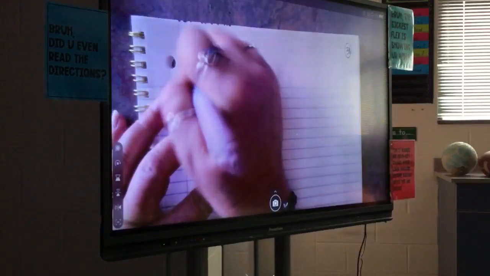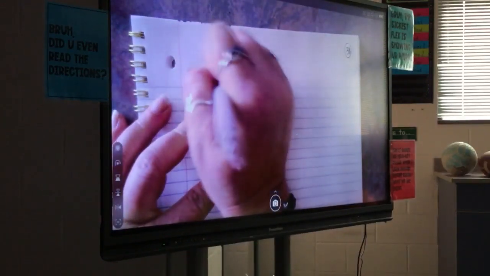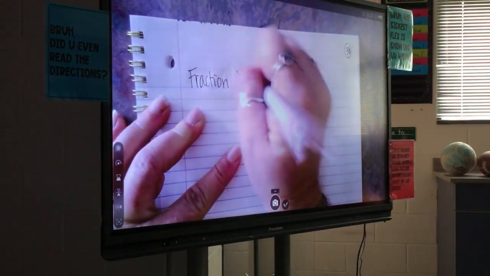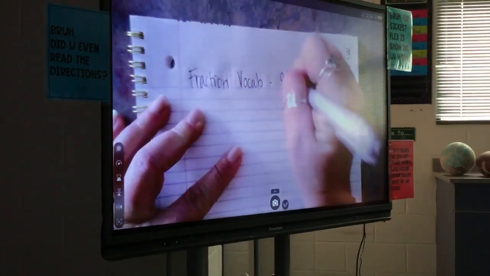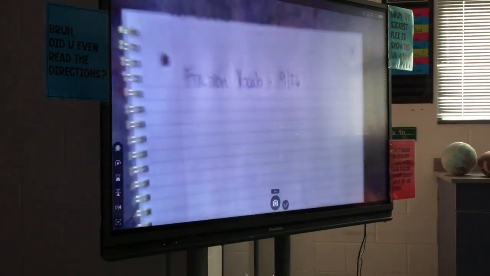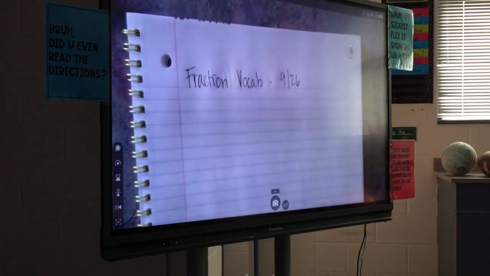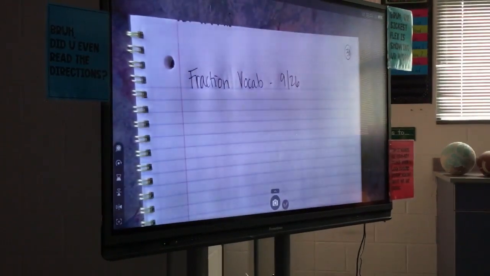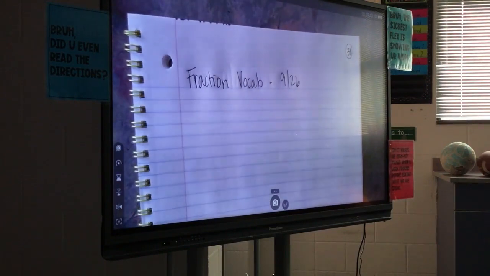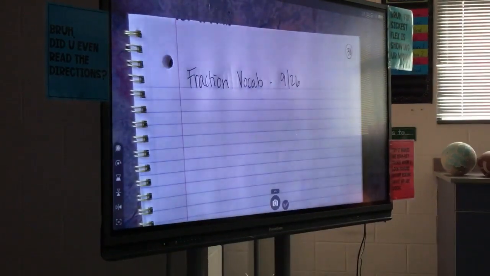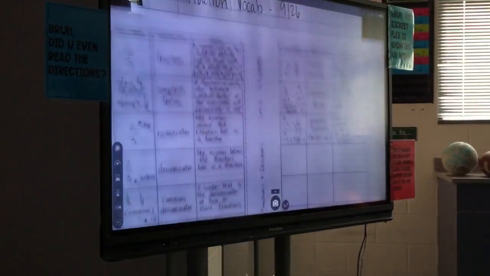All right, once you have this glued in on your note page, I want you to turn the page and I want you to write fraction vocab. And today is 9/26. And grab this sheet of paper out. Once you write fraction vocab, you're getting this sheet out.